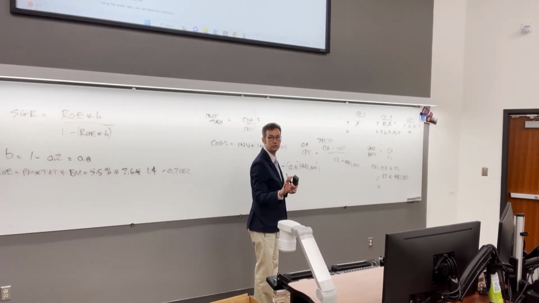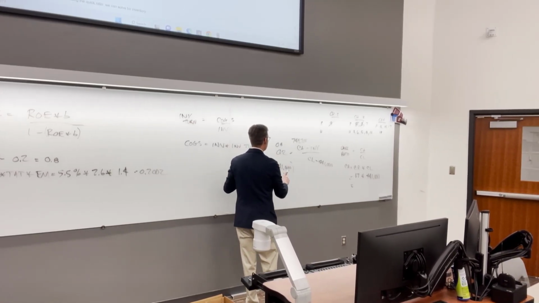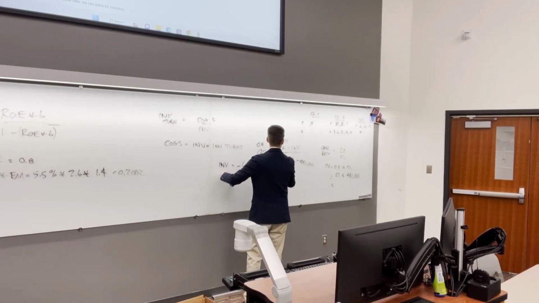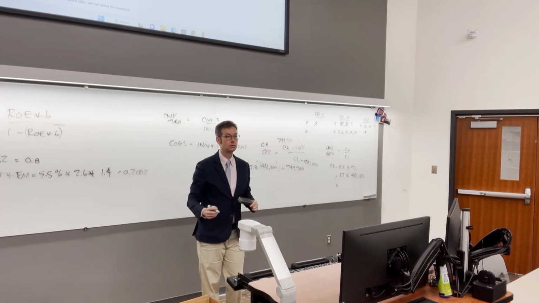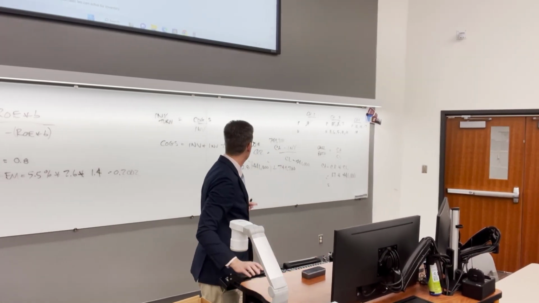Am I freaking you out with the algebra here? Good. Okay, now we've moved that thing over to the other side, and then there's a positive current assets of 749,700. Does that look right? Okay. So let's figure out what we're doing here.